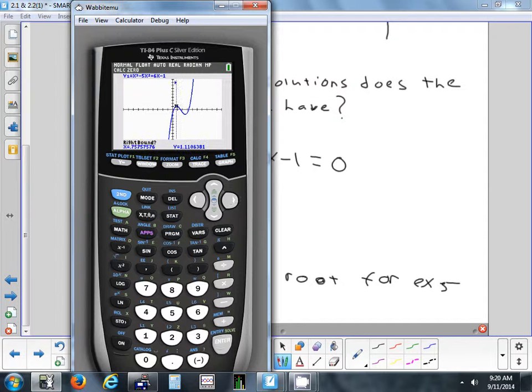Okay, pick a point to the left, to the right, and the guess. My right boundary was a little too close to that other root. If you grab 2 roots in the same boundary, depending on your guess, you could get an answer that you're not looking for. You could get the wrong root. Okay, but I think I got the one I was looking for. 1.55. Okay. Anybody else get 1.55? Yeah, okay.